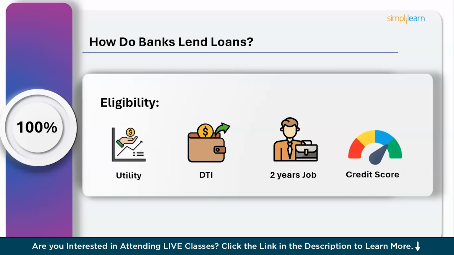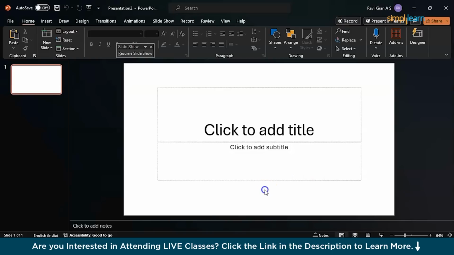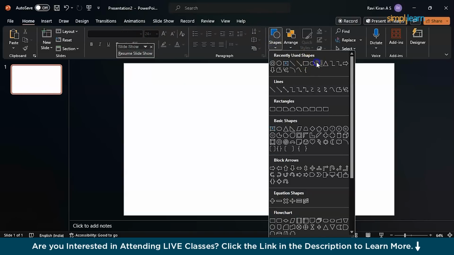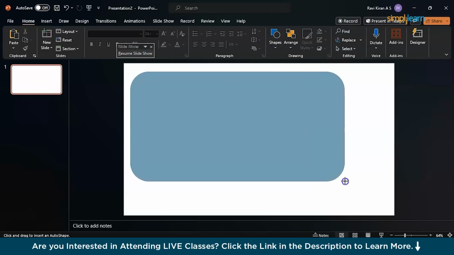Now for this requirement, we will be creating a dashboard. Now firstly, let's start by creating a perfect template for our dashboard. So let's quickly jump to a PowerPoint window and create a blank PowerPoint. And here, let's try to add in some shapes to your template.